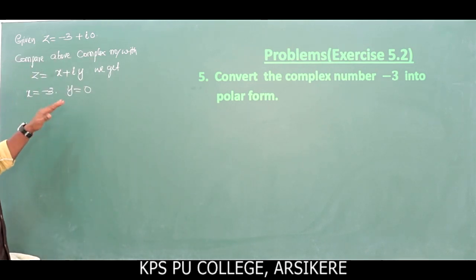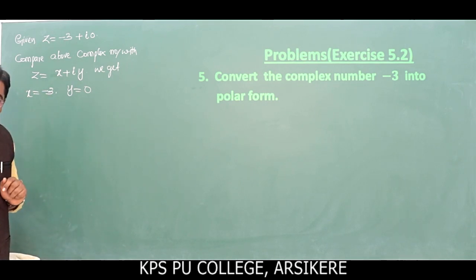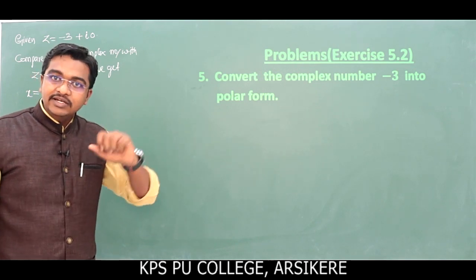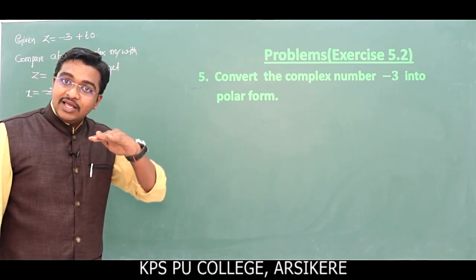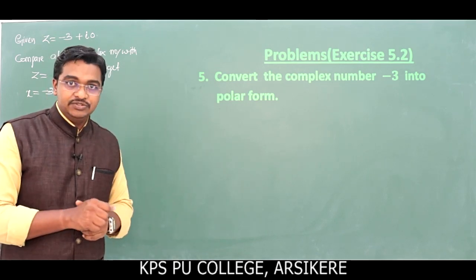If you observe these two numbers, obviously this lies in which quadrant? Second quadrant. x is negative, y is 0, you take it as positive there, right? It lies in the second quadrant, or lies on the real axis towards the negative direction.